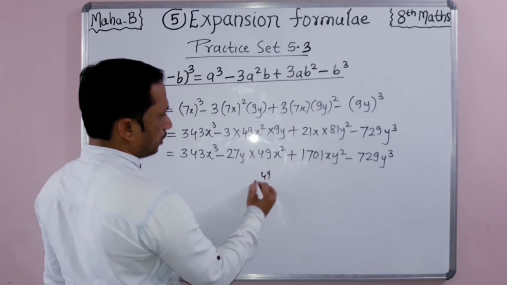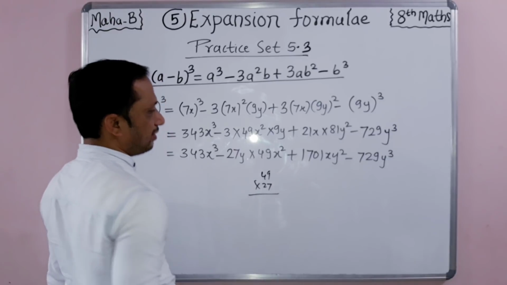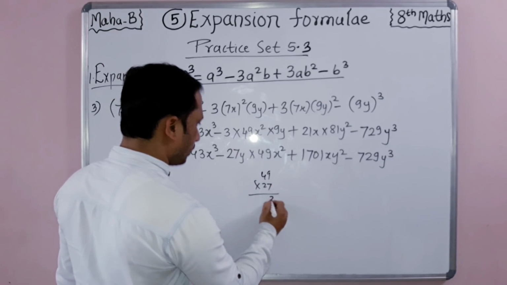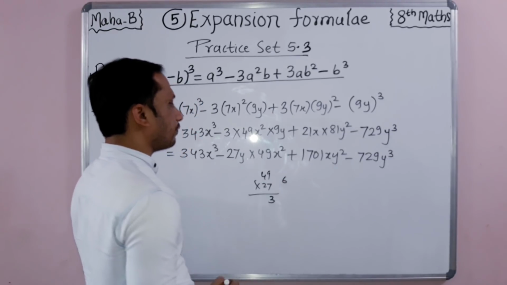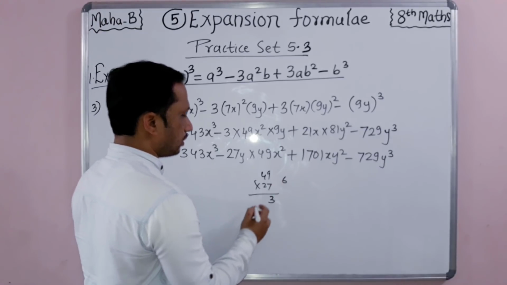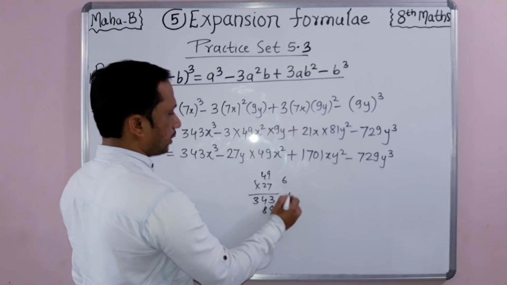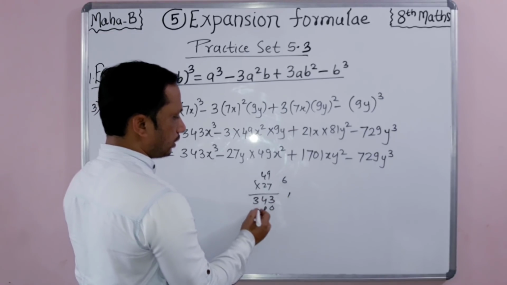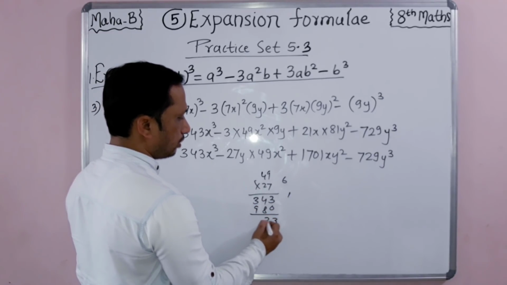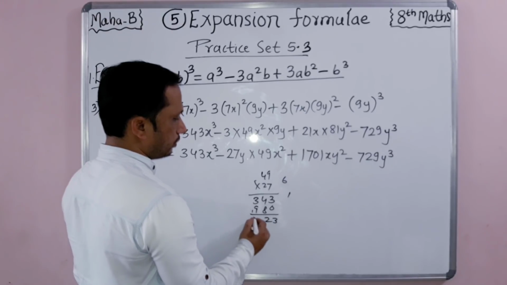Okay, 49 into 27. 9 sevens are 63, 3 is there, 6 remaining, 7 fours are 28, and this 6, 34 is there. 2 nines are 18, 8, carry 1, 4 twos are 8 and 1, 9. Okay student, 3, then 2, carry 1 here. Okay student, 13.